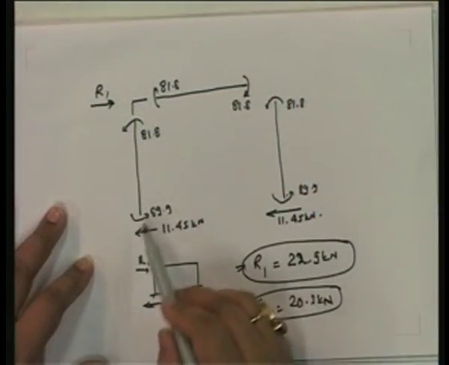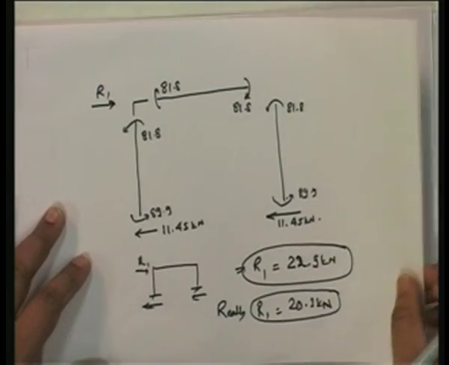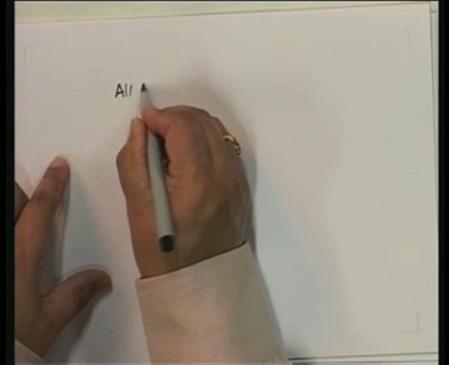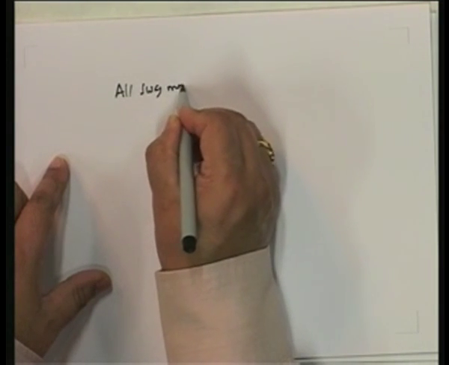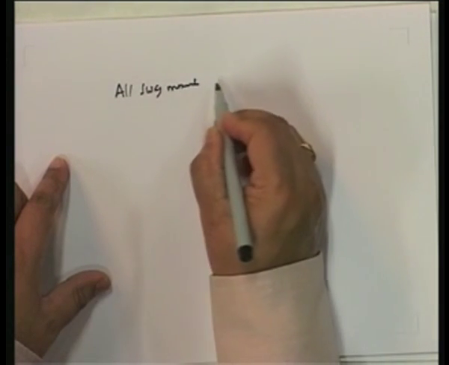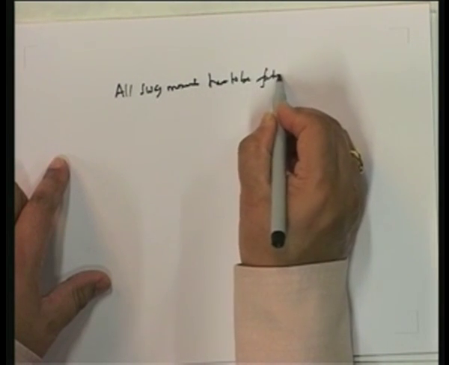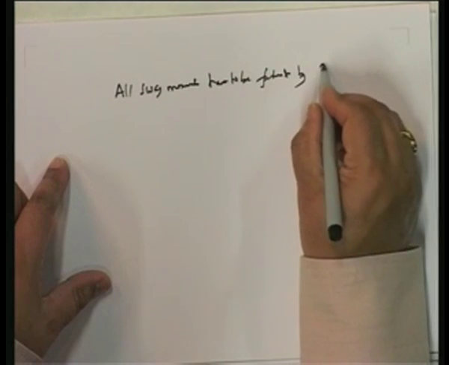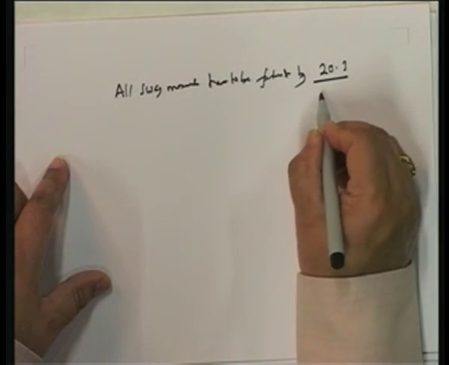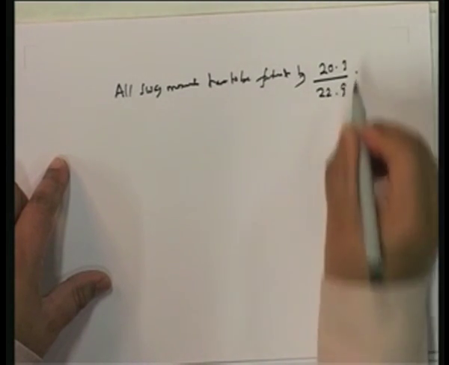So that means all the sway moments have to be factored by 20.3 upon 22.9.